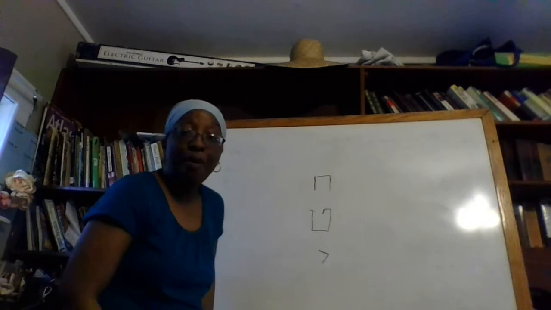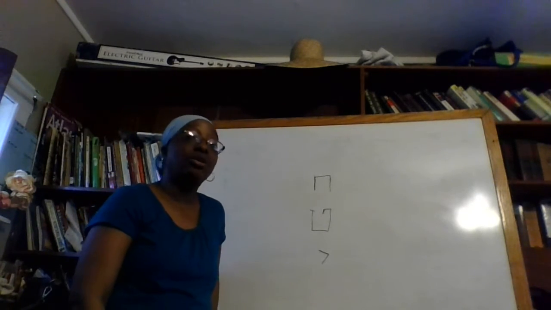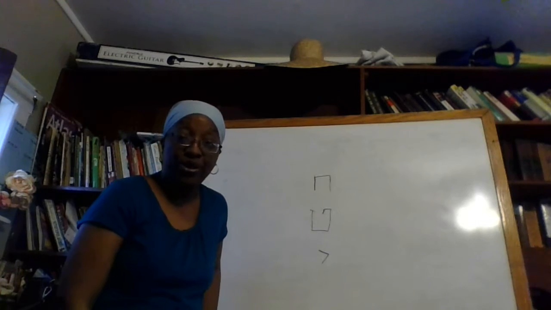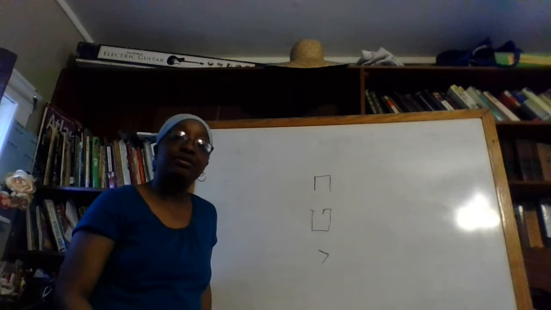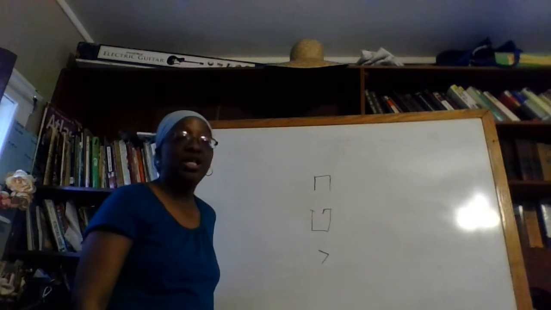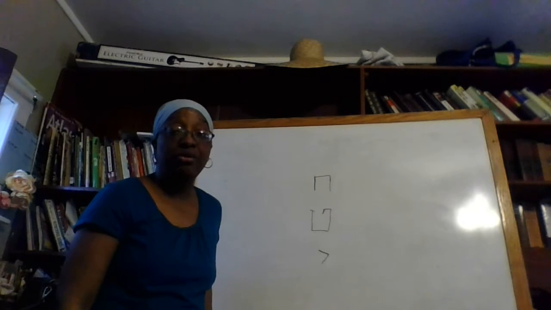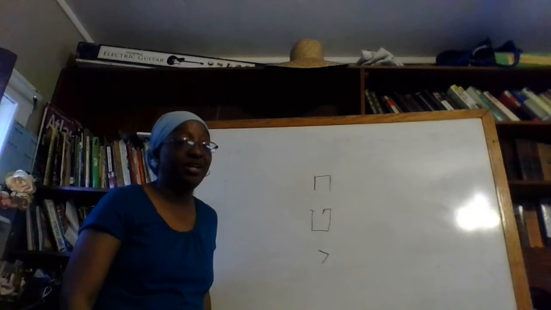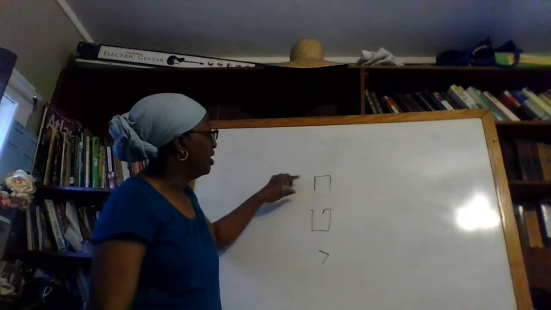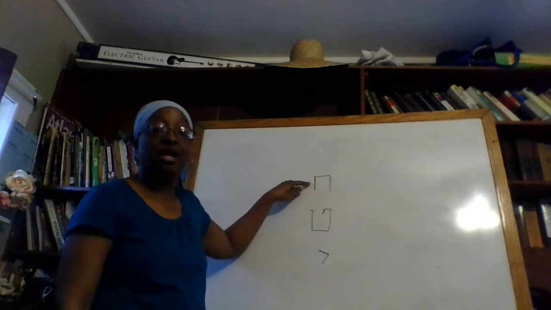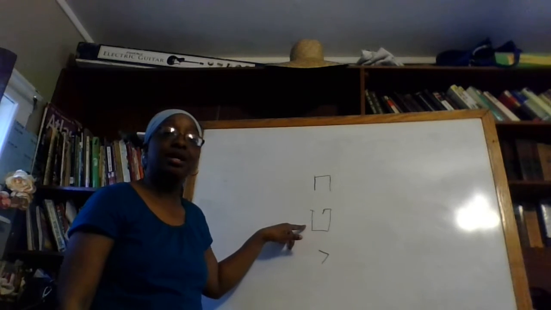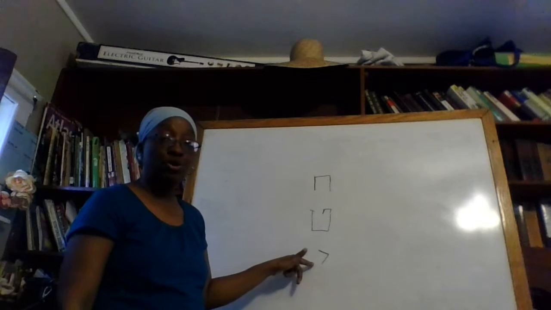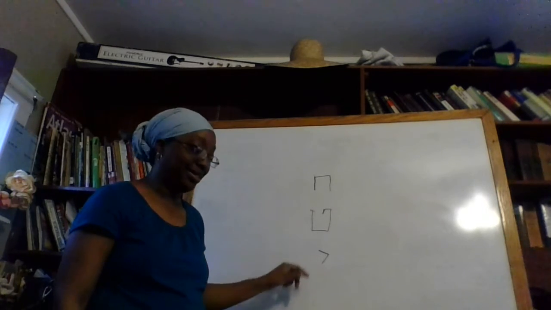Yod makes the y sound like in yo-yo, like in Yah. Yod is also used to form some Hebrew vowels. So we'll get to that later. This is Chet. It makes the h sound. Tet makes the t sound. Yod makes the y sound.